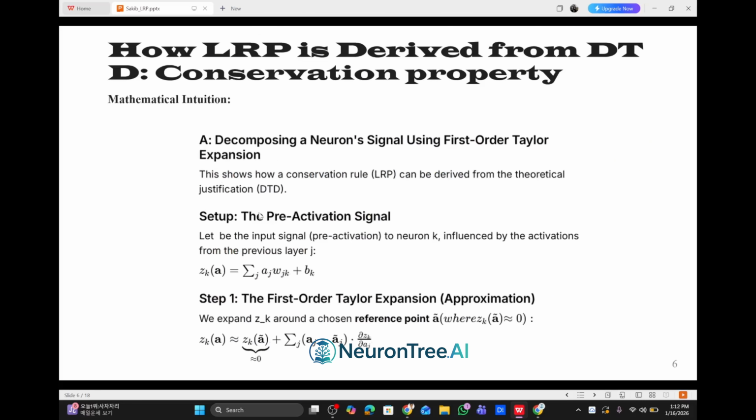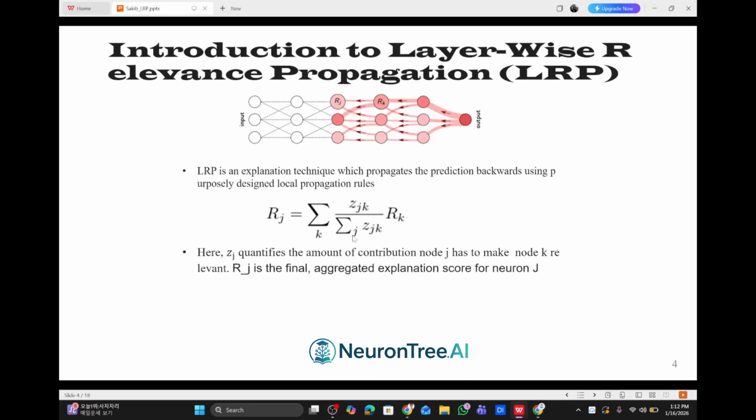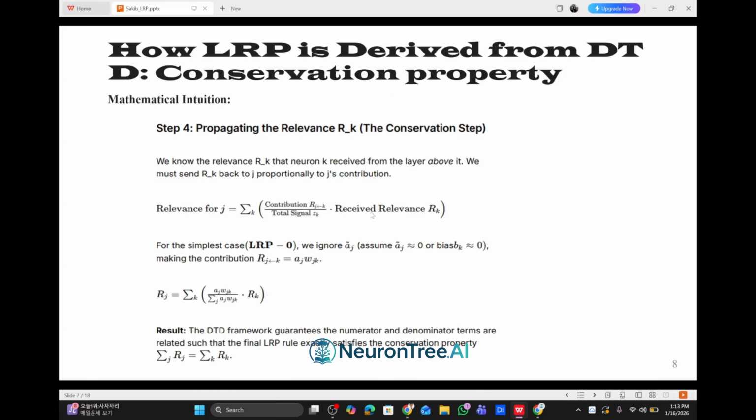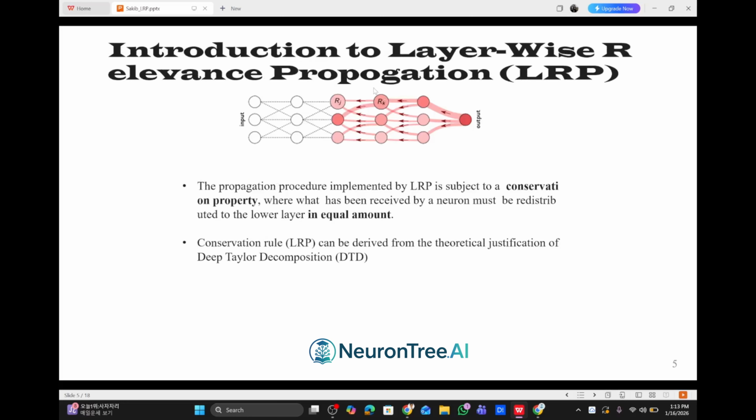What does it mean? Exactly what we have seen so far: zjk divided by summation of j zjk, times rk. That means the contribution rjk divided by the total signal zk, times the received relevance rk. If you compare that equation and follow this diagram, I think you will easily understand how it works.